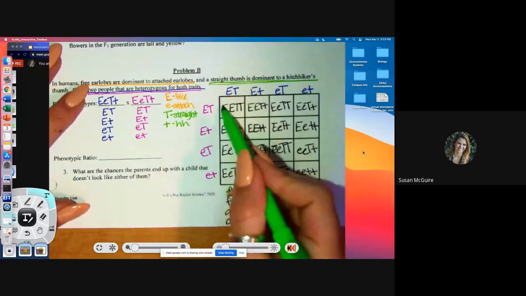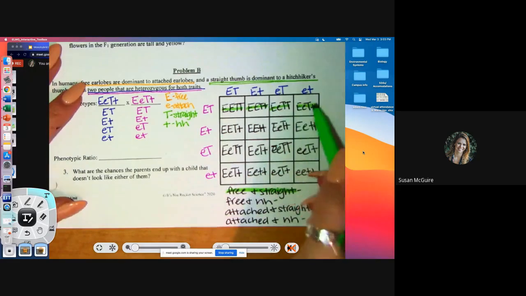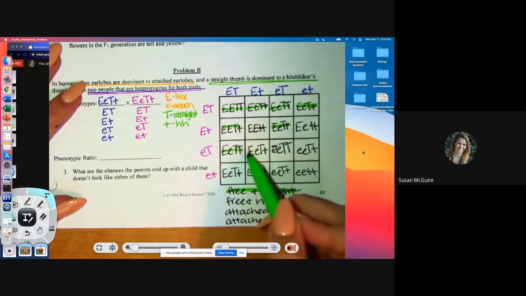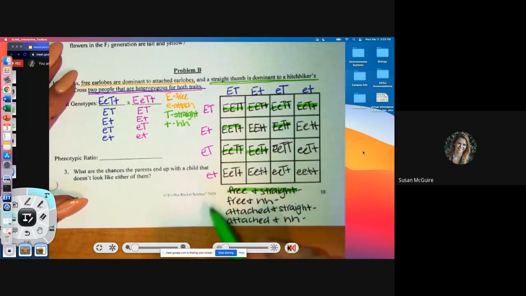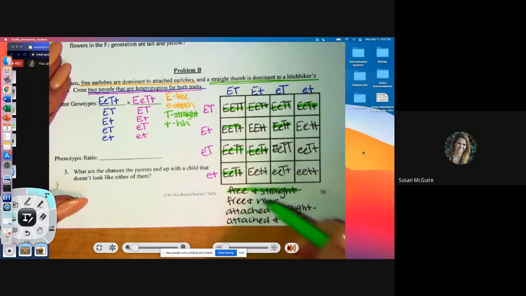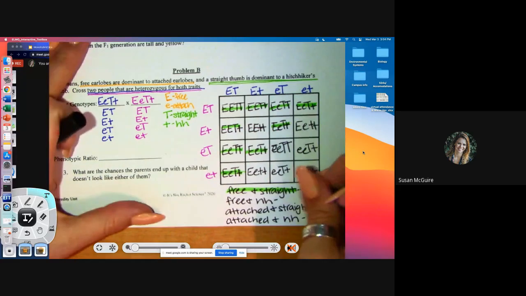So here we have 2 dominant for each. 2 and 1, 1 and 2, 1 and 1, 2 and 1, 1 and 1, 1 and 2, 1 and 1, 1 and 1. So how many? 5, 6, 7, 8, 9. 9 out of 16.